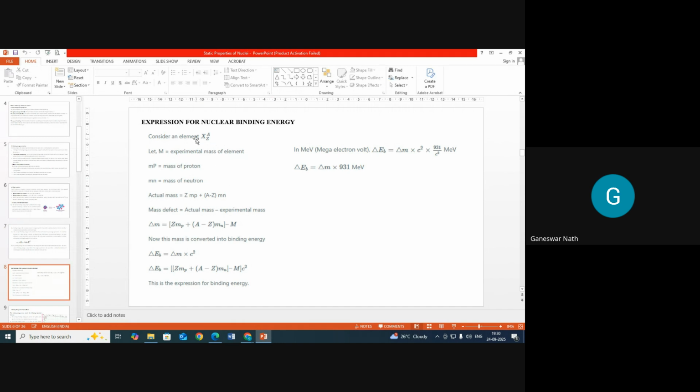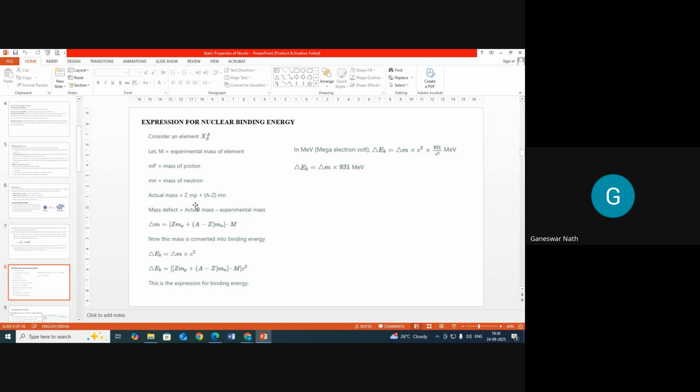Then we can go for the expression for binding energy, that is, how we get delta m times c squared. Consider an atomic nucleus whose symbol is X with atomic number Z and mass number A. Let M be the experimental mass of the element, Mp the mass of the proton, and Mn the mass of the neutron. The calculated mass is Z Mp plus the number of neutrons times the mass of the neutron.